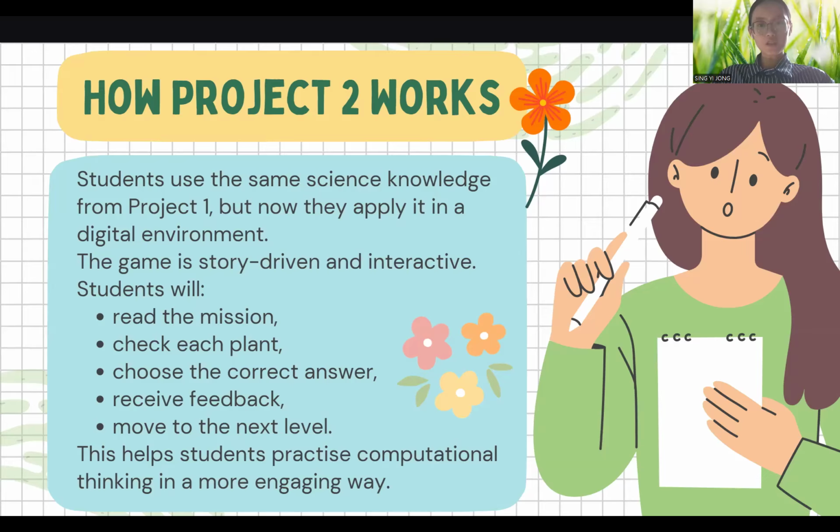Students read the mission, check each plant using the investigation buttons, choose what they believe is the correct answer, receive feedback right away, and then move on to the next level. Through this process, students get to practice computational thinking in a format that feels more engaging than a worksheet.